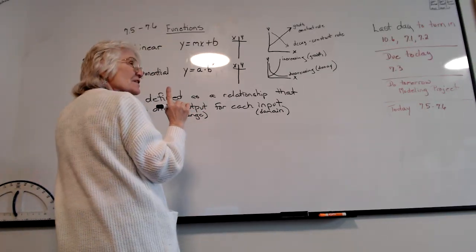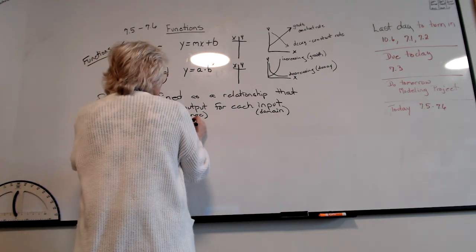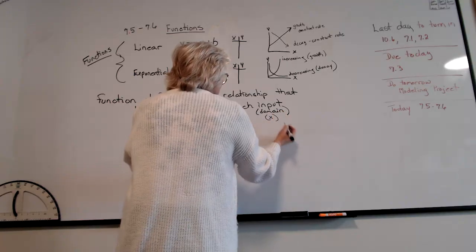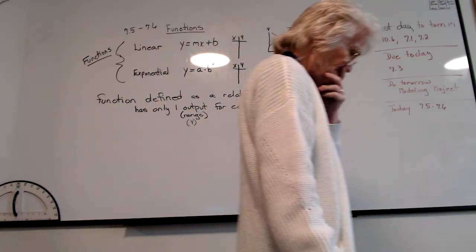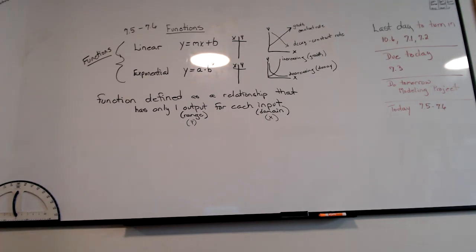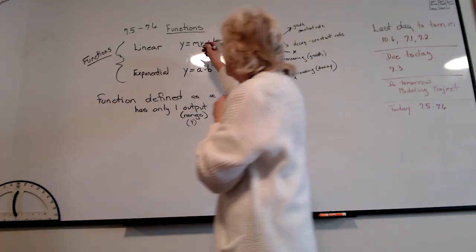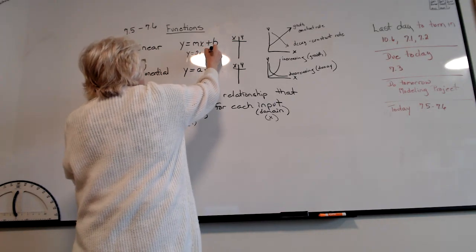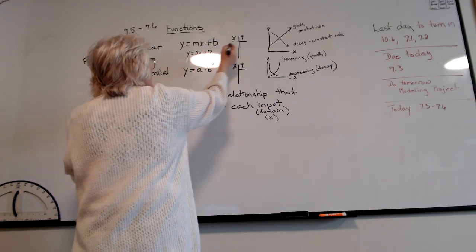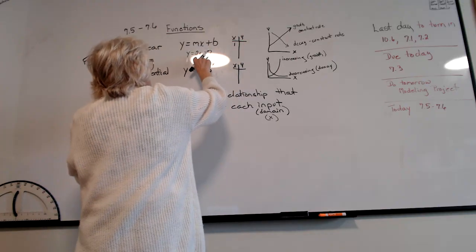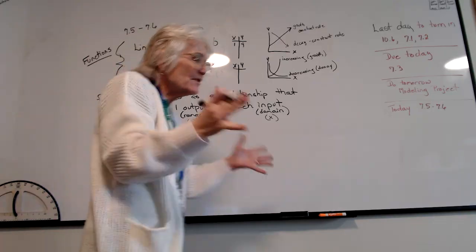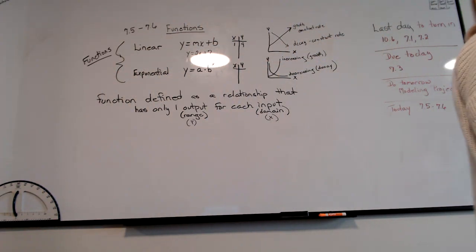What we have used as our output is the letter Y, and what we have used as our input is X. Okay, so an output is when I put, if I have the equation y equals 2x plus 7, when I put a value in, like 1, I get 9. I don't get any other number, I get 9.